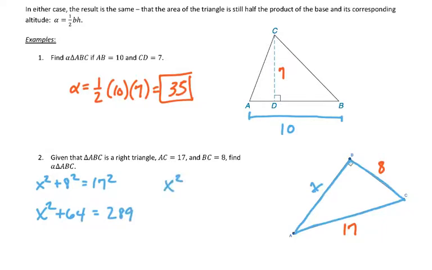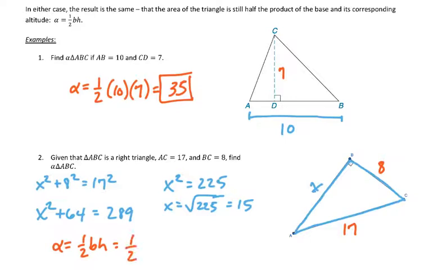Subtract 64 from both sides, and x squared is equal to 289 minus 64, which is 225, so x is equal to the square root of 225, which is 15. From there, I can calculate the area. The area is 1/2 the base times its corresponding altitude, which in this case is 1/2 times 15 times 8, which is just 4 times 15, or 60. The area of this triangle is 60.